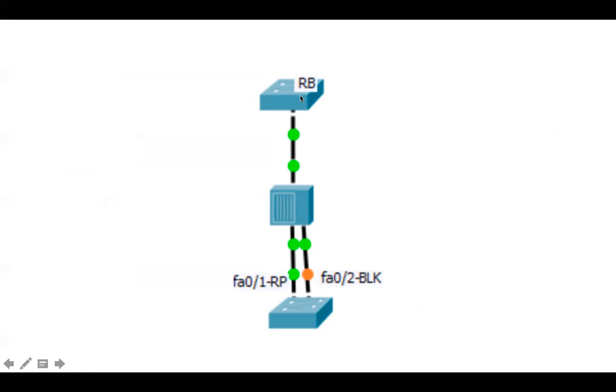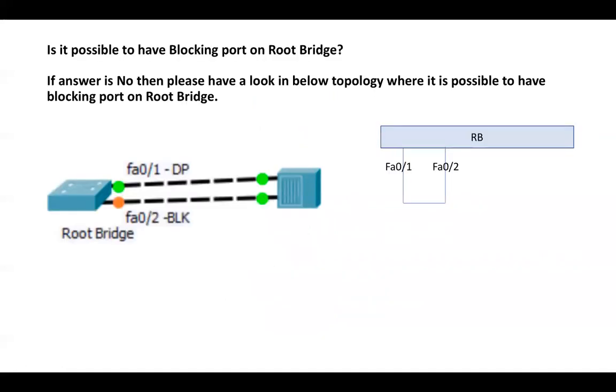In that case, path cost is the same, sender bridge ID will be the same, and sender port ID will be the port number on this port, so that is also the same. In that case it will go with local port ID, which is again a combination of priority as well as port number. I am considering priority is the same, and therefore Fa0/1 will be elected as the root port. Does it make sense? Okay.